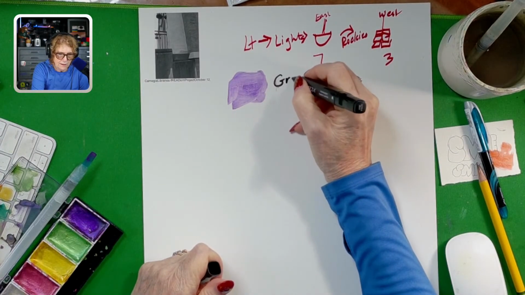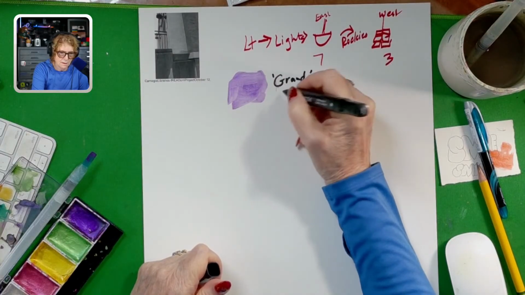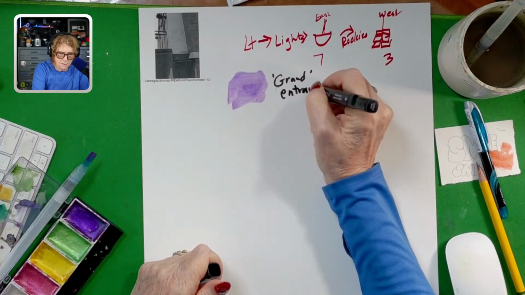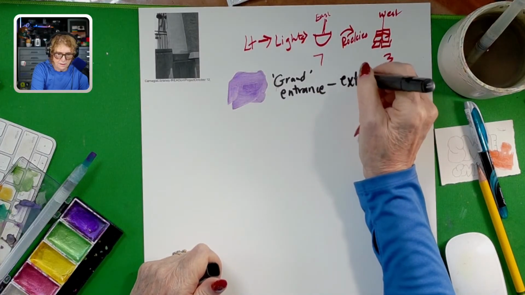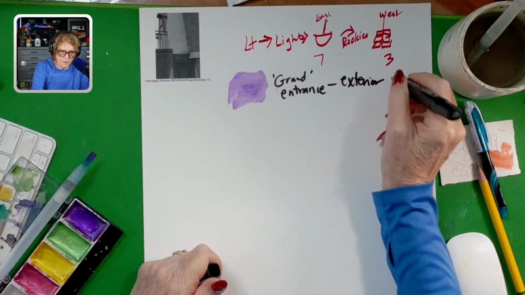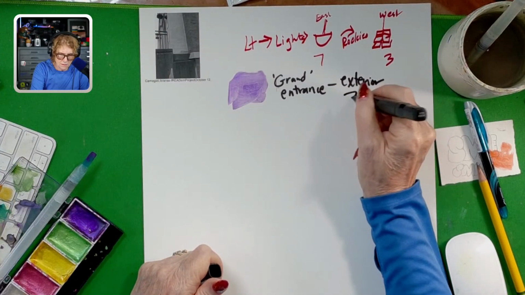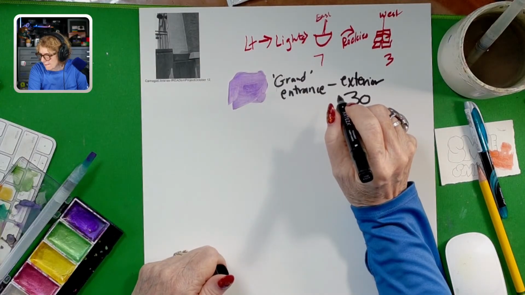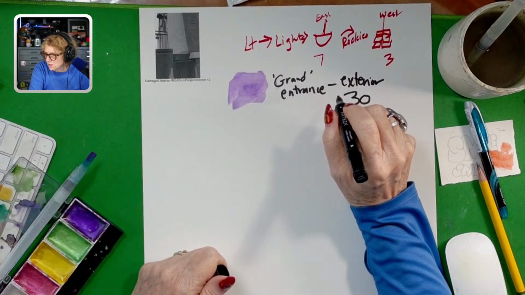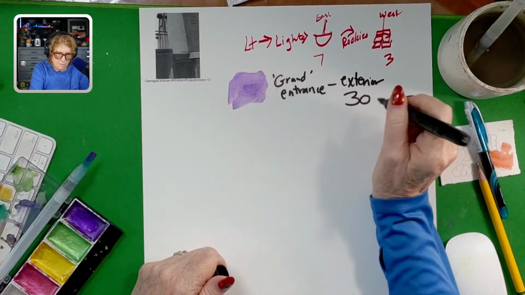Call it the grand entrance, exterior. And I have 30 in all. I didn't count them east to west because they didn't really change that much.